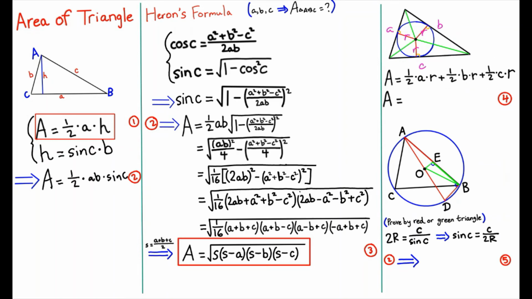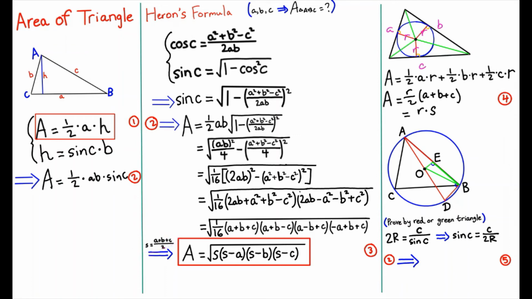By taking R and 1/2 out, you get R divided by 2 times A plus B plus C. This can also equal R times S. S is the semi-perimeter, which we found over here.